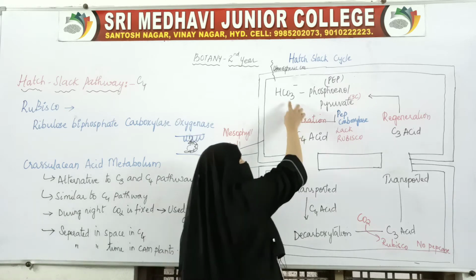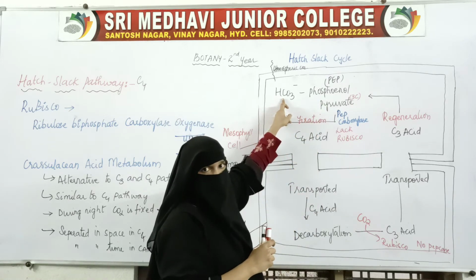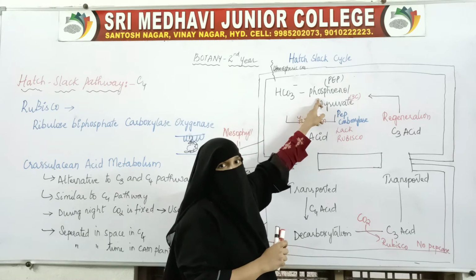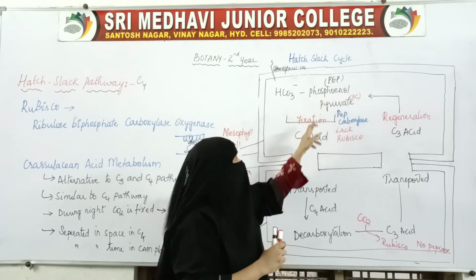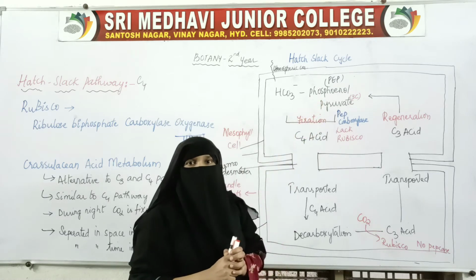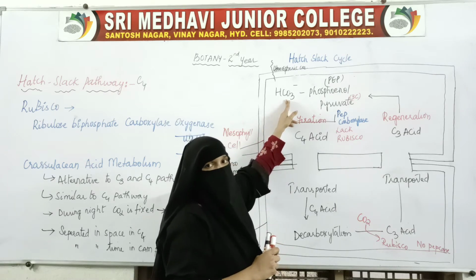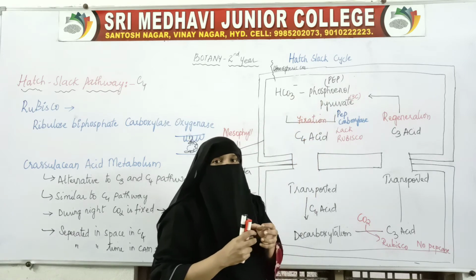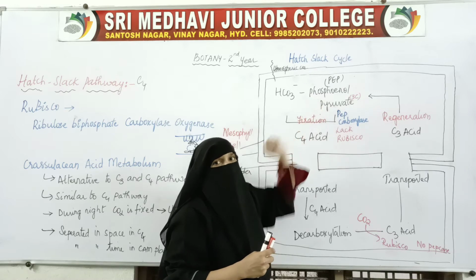Now carbon dioxide is fixed. The carbon dioxide from HCO3 is fixed with phosphoenol pyruvate, which is called carbon fixation. Here the atmospheric carbon is joined or combined with a 3 carbon compound, phosphoenol pyruvate.